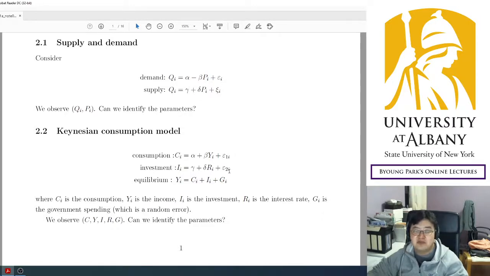If you remember the multiplier effect, that depends on beta here. And delta is the sensitivity of investment to the interest rate, so it is of great interest how much the interest rate affects investment. If the Fed increases or decreases the interest rate by, say, 25 basis points, what would be its impact on the economy, for example? Anyhow, can we identify these parameters or not?